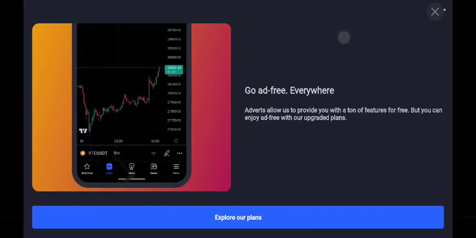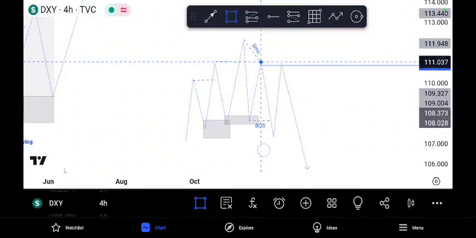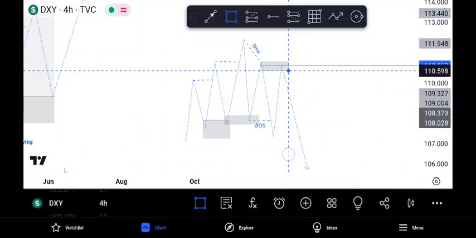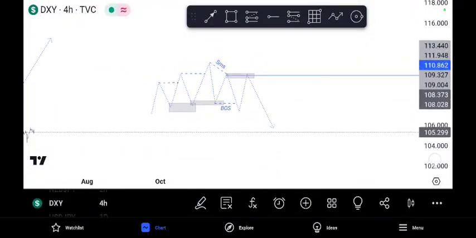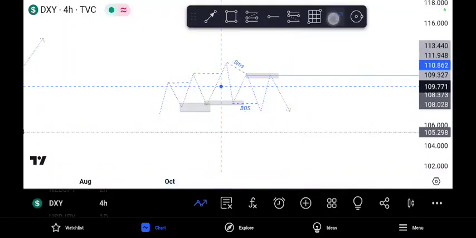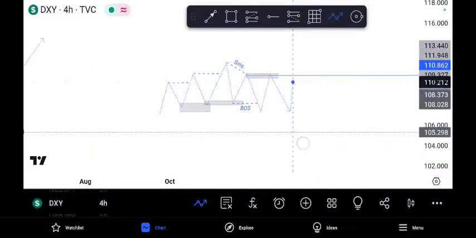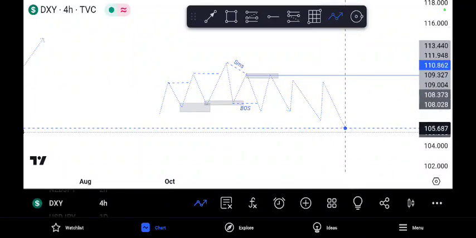you will get to see price respecting these highs. The next movement you're going to see is price doing this, coming back, taking this, moving down, breaking, coming back, breaking, coming back.